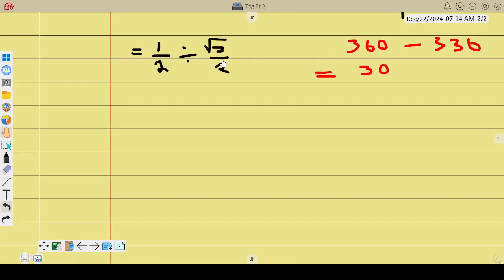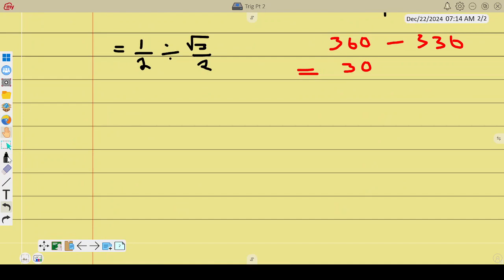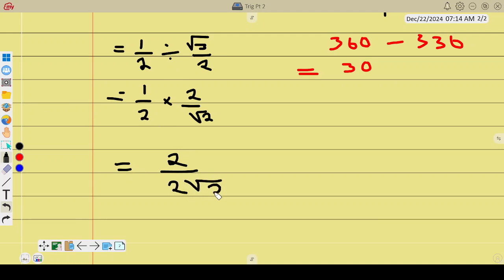Okay, so cos 30 is root 3 over 2. So this means we have 1 over 2 times 2 over root 2. When this changes to division, this will be multiplication. So we're going to have 2 over 2 root 2 when we multiply.